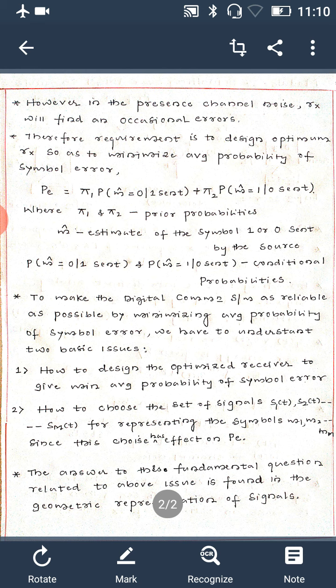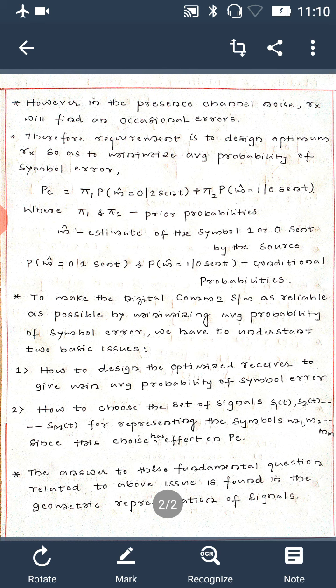Then how do we achieve this objective? Here we have to understand two basic issues. The first is how to design the optimized receiver to give the minimum average probability of symbol error, so that we can achieve the maximum reliability for the given digital communication system.